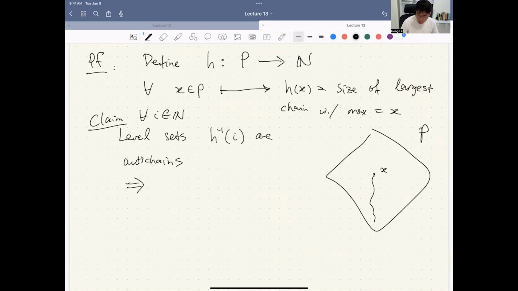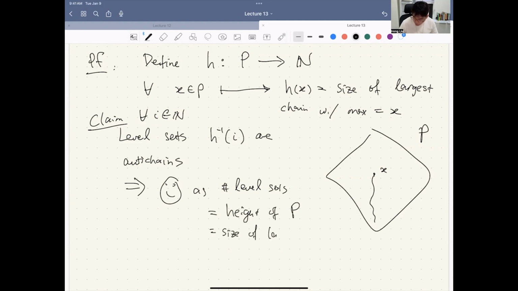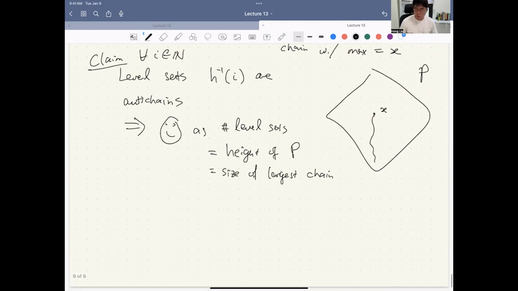This gives you the conclusion: the number of level sets equals the height of the poset P, which is the size of the largest chain. The proof of this is also simple. We just need to prove the claim, and we are done.